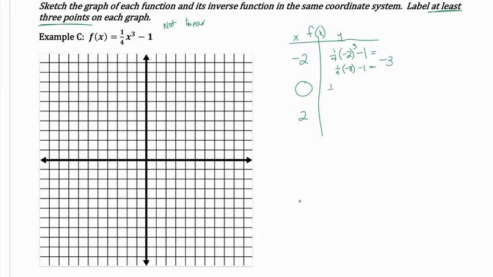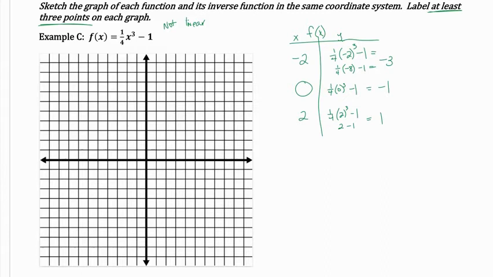For 0, I'm going to do 1/4 times 0 cubed minus 1. Well, 0 cubed is 0, and 0 times a fourth is 0. 0 minus 1 gives me -1. And then for 2, 1/4 times 2 cubed minus 1. Well, again, like before, the 2 cubed is 8. 8 times 1/4 is 2. So then 2 minus 1 gives me a +1.